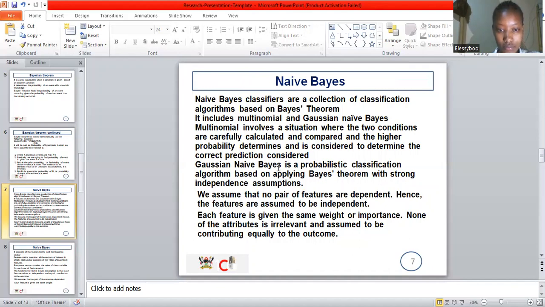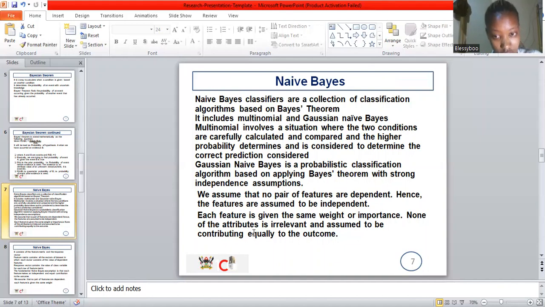Then Gaussian naive Bayes is a probabilistic classification algorithm based on applying Bayes' theorem with strong independence assumptions. And of course, what do we mean by that? This means we consider independent probabilities. We assume that no pair of features are dependent, meaning all the features are independent.